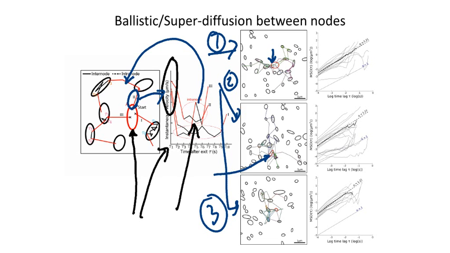And they are characterized by an anomalous exponent which is larger than 1, which is characterized as a superdiffusion in basically all possible directions.